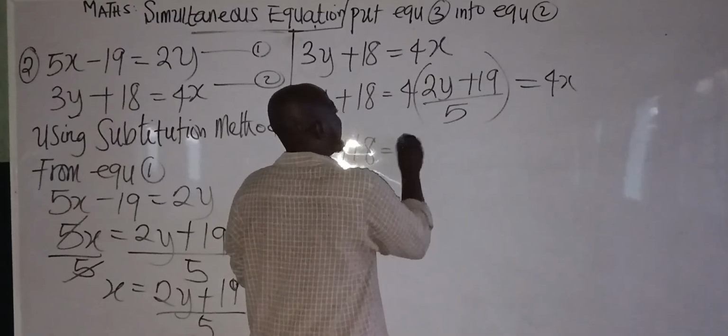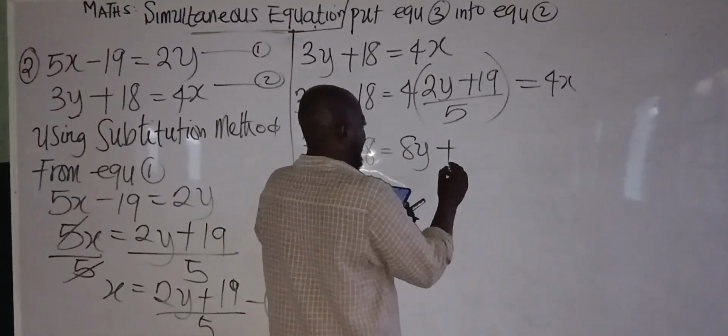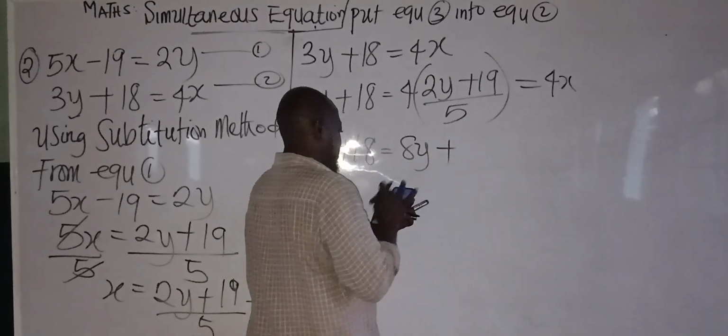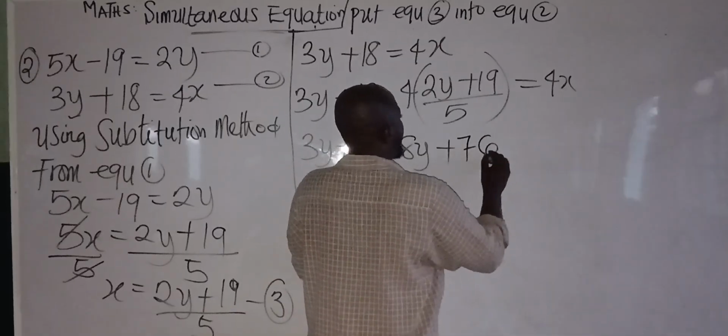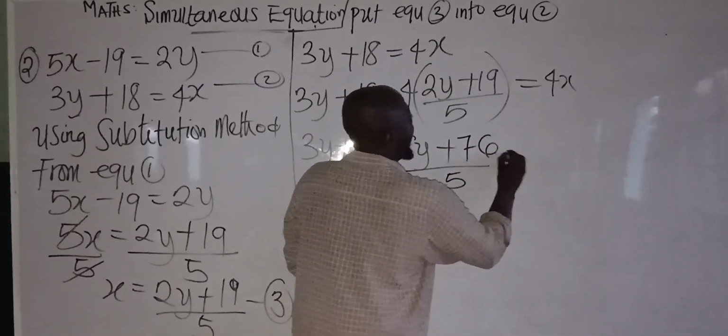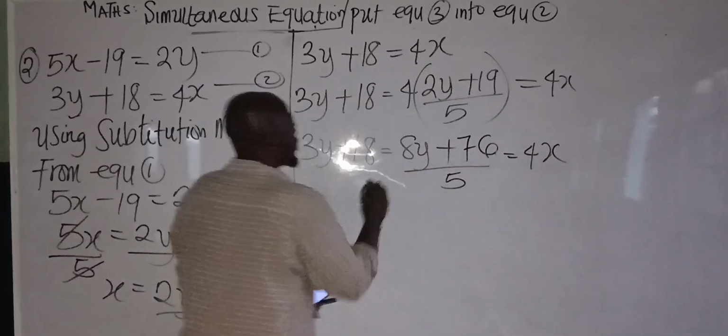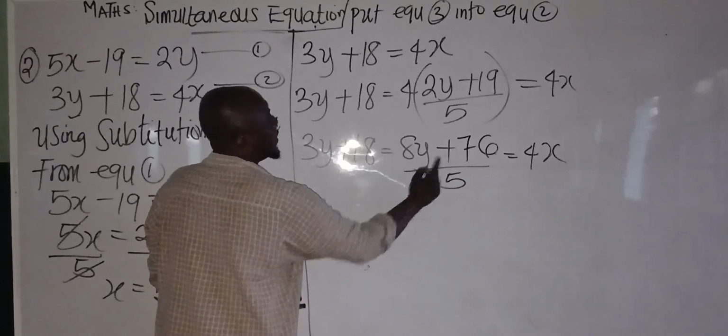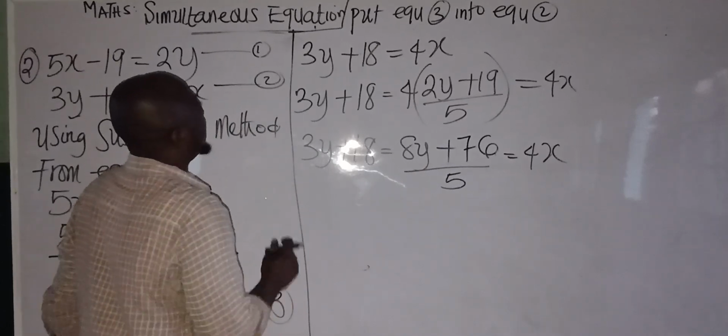So this and this now will give us 8y plus 76, then over 5 here, and everything here will give me 4x.